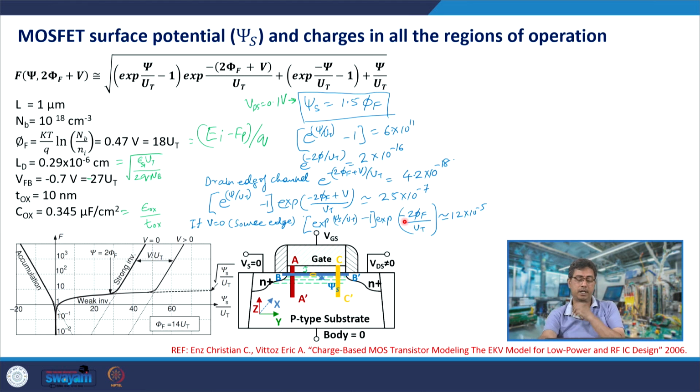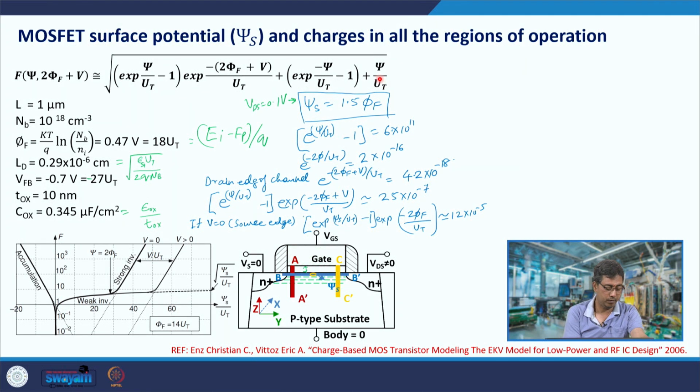So, you can see that within the channel, just by increasing the local surface potential by a value V, the increase in carrier electron charge, or increase in the first term, is quite large. Okay.